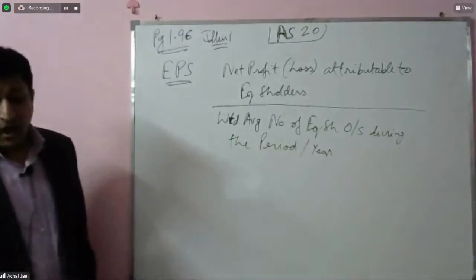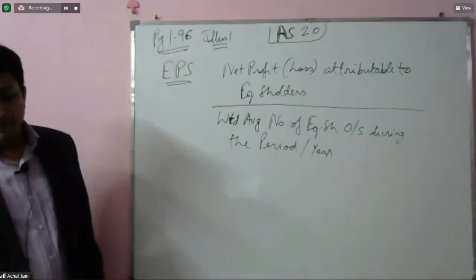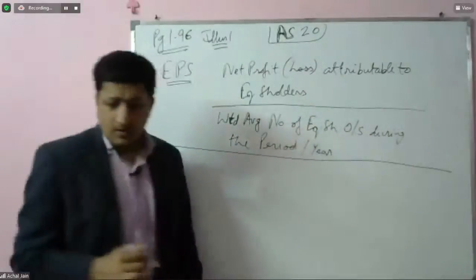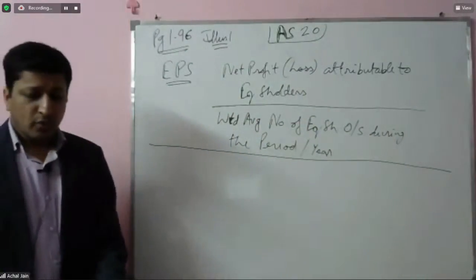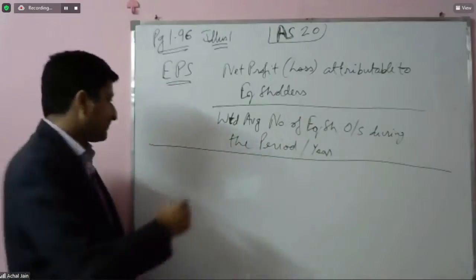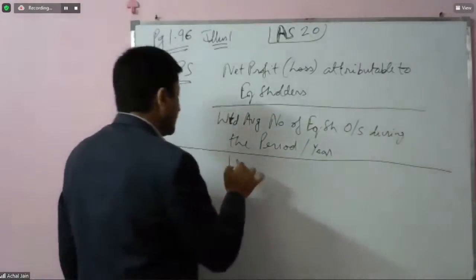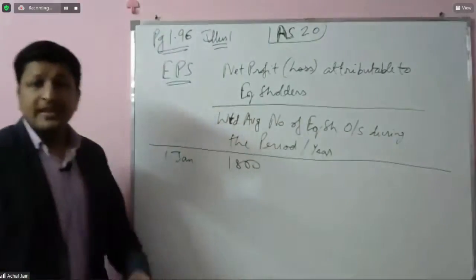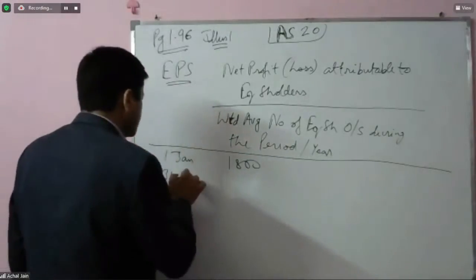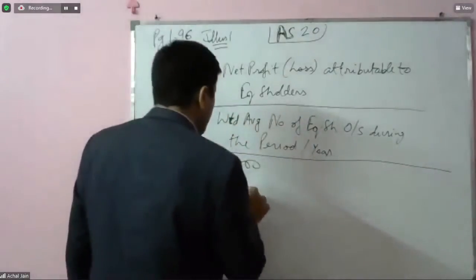So let's see how we compute this. It seems to be a calendar year. On 1st of January, the number of shares was 1800. Then the change came on 31st of May, when 600 shares got issued.